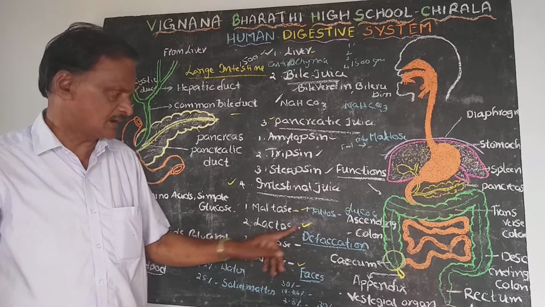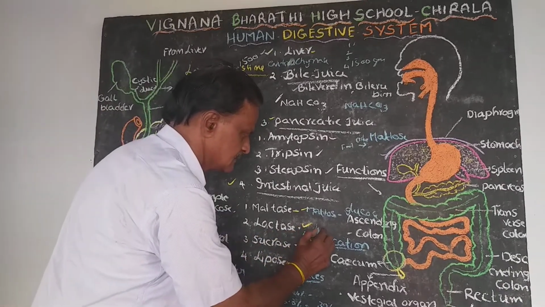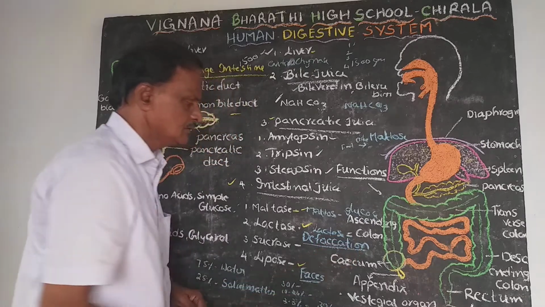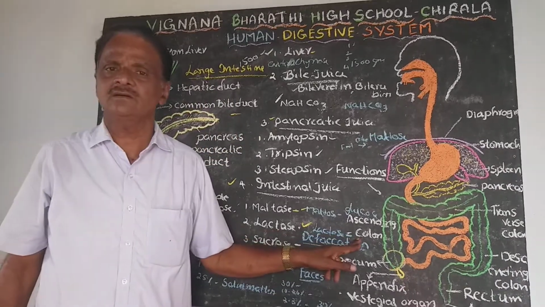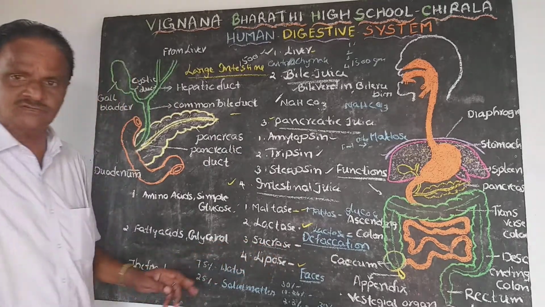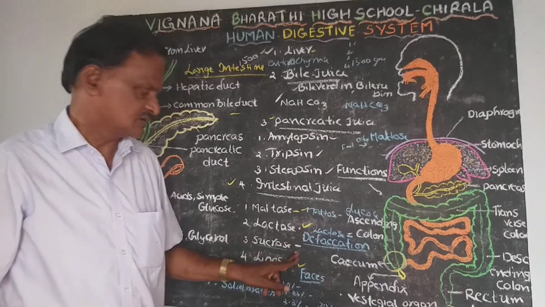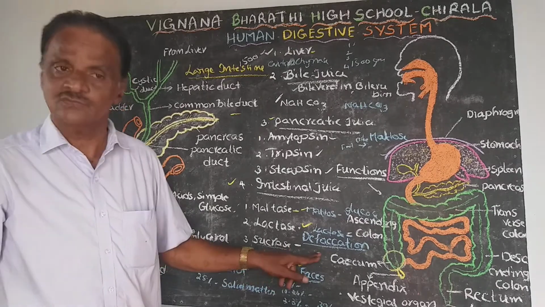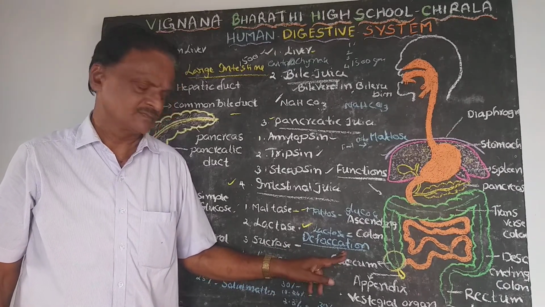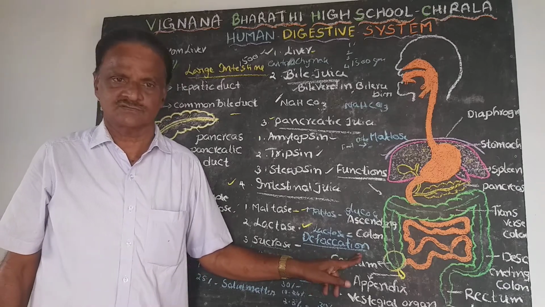Lactase digests lactose into glucose and galactose. Next, sucrase digests sucrose into glucose and fructose.